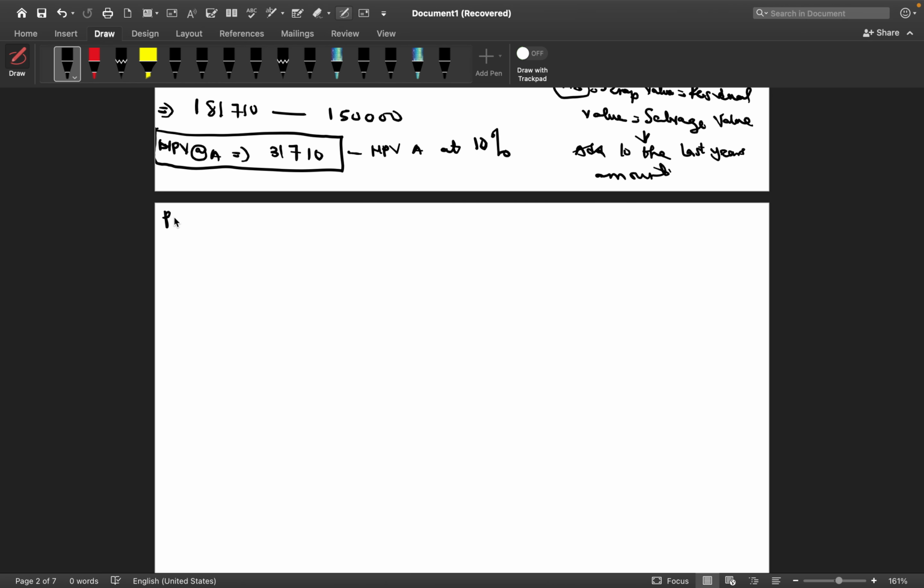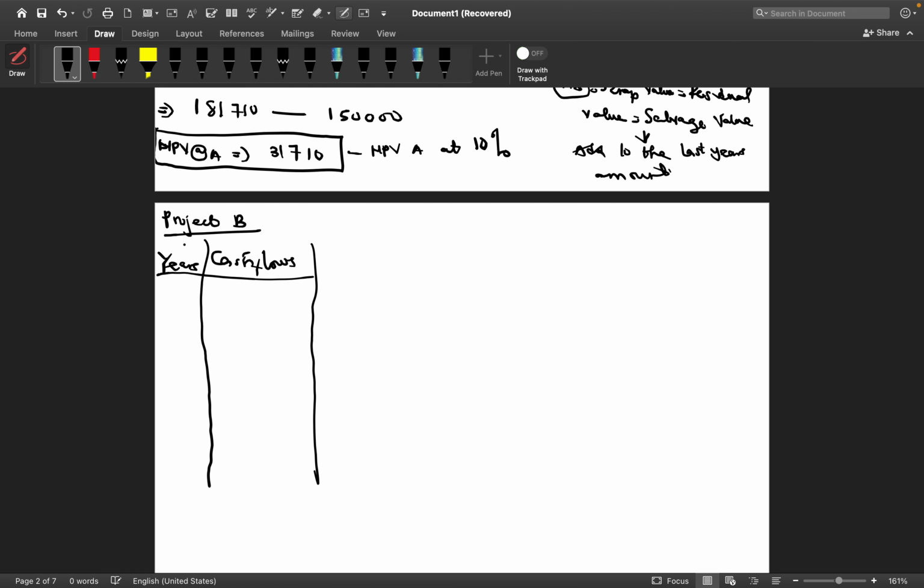Project B. The same table format. You have years, cash flows, discount factor, present value. The same table, I'm not changing anything.